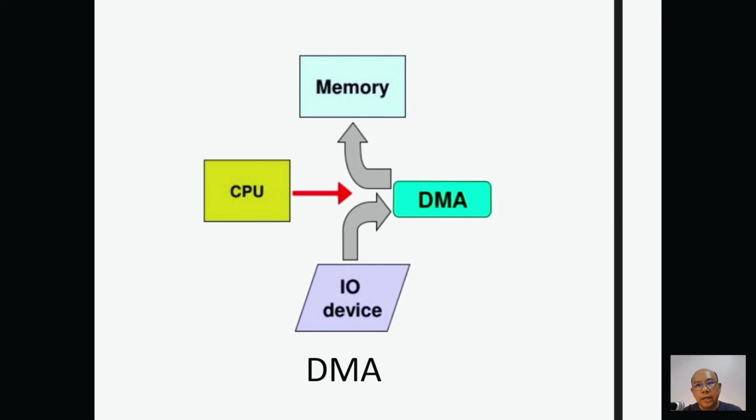Then the I/O, for example a hard drive, sends the data to the DMA module, which sends it directly to the memory without transferring through the CPU.